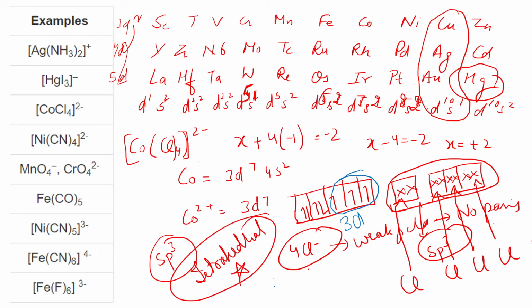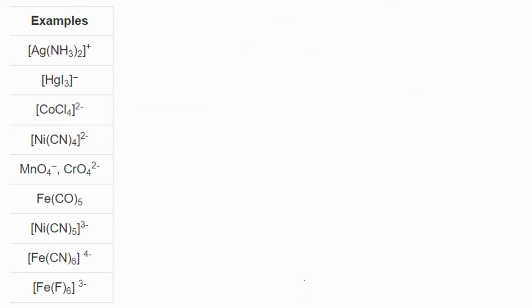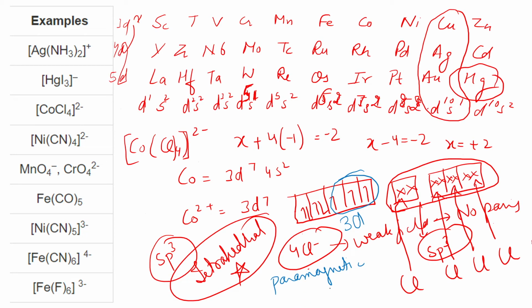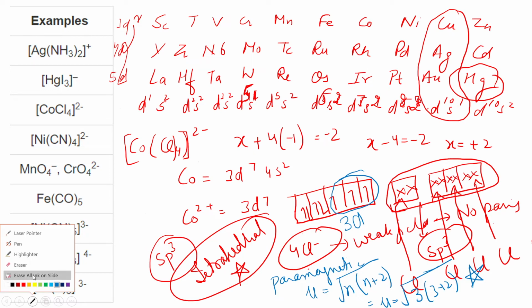So it is a paramagnetic species with a magnetic moment of, what will be the magnetic moment? We saw in the previous video magnetic moment is equal to under root n into n plus 2. So you will calculate the magnetic moment over here with this formula, 3 into 3 plus 2. Okay, calculate the value.